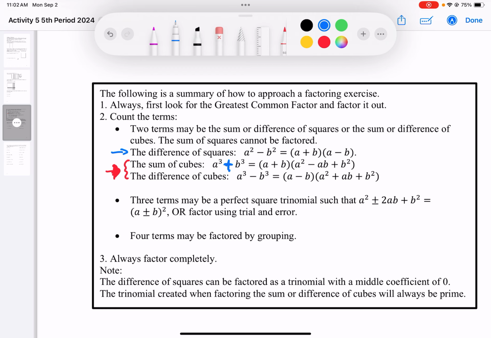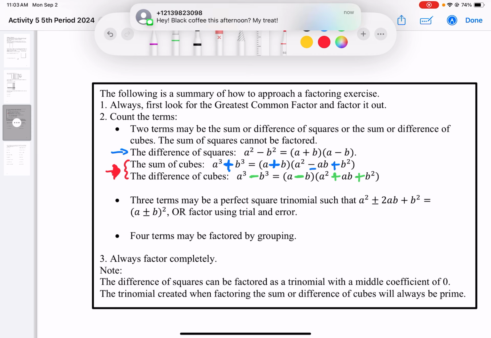If we have addition here, addition is in our first one, and then it's minus plus. So in the difference, we have minus, and then it's plus, plus. So they all have 2 addition signs in our answers or in our factored form.